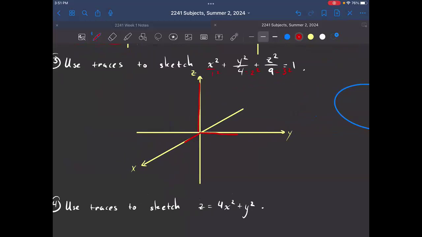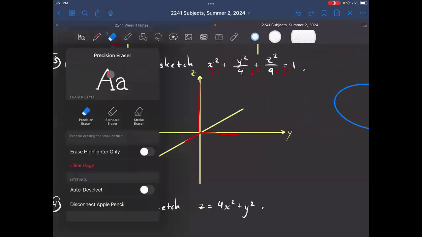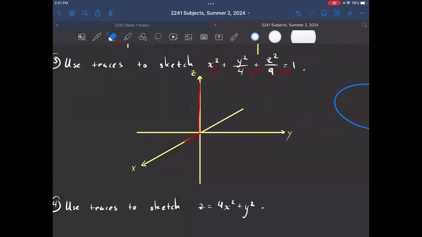So that last one that I drew, be a little smaller. A stroke eraser. So that needs to be a little bit smaller than this. Maybe more like that. Okay, and then we can draw in our ellipse. I'll try to do this one by hand. It can be sort of a pain in the butt to do it with the tool.